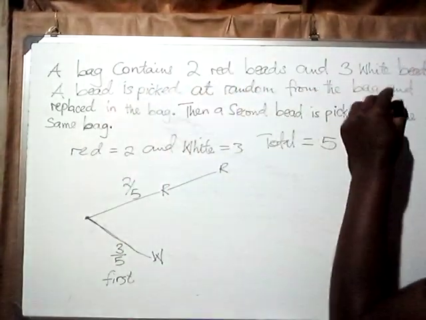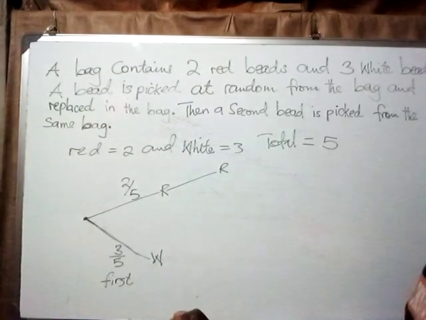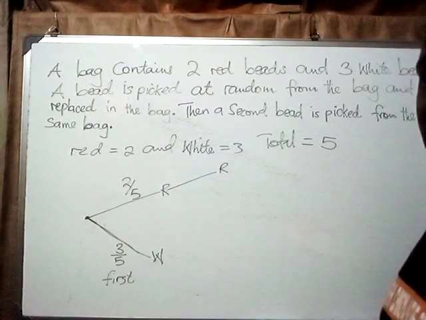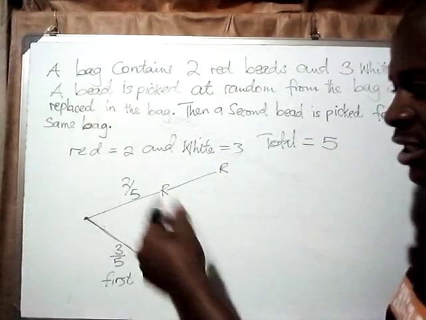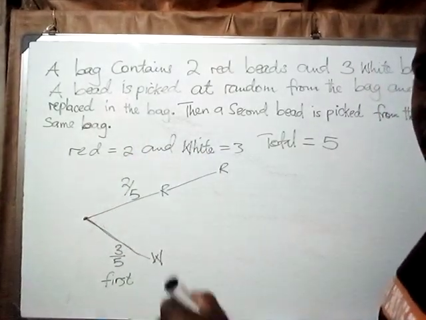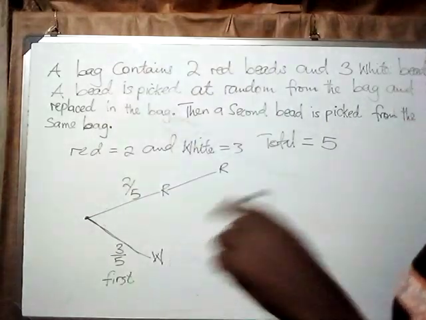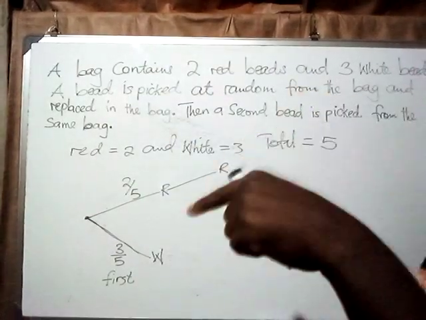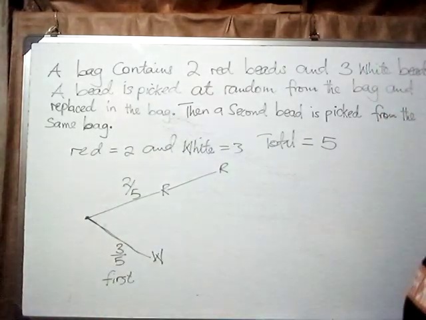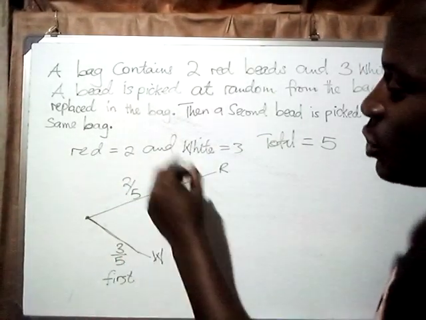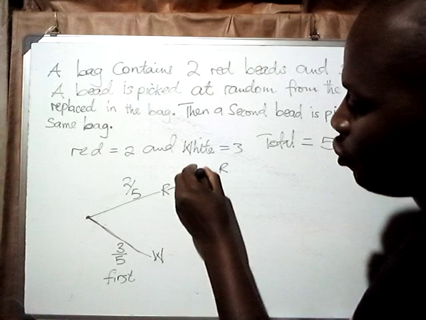Since the bead was replaced in the bag, then the second one was picked. This means that the first picking did not affect the second picking, because the bead which was picked was replaced in the bag. So red will still remain the same, 2/5.